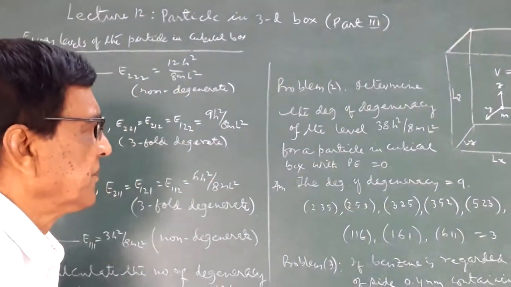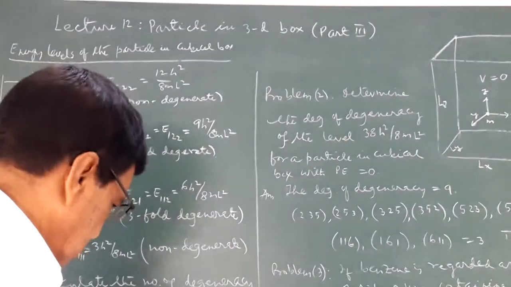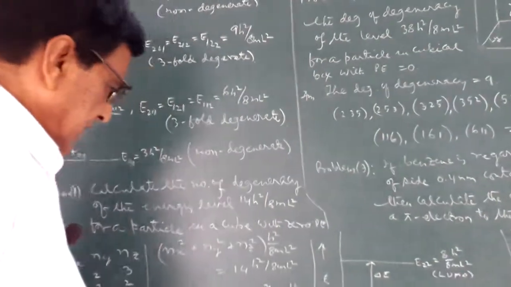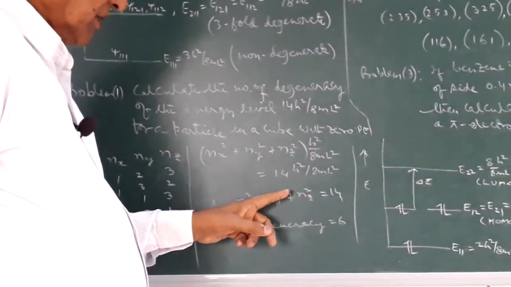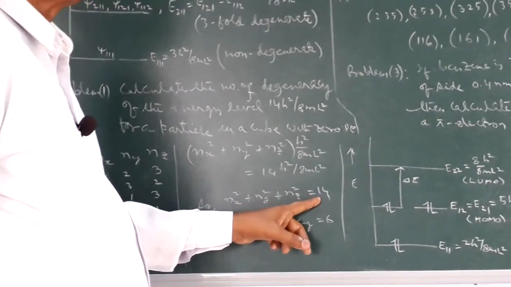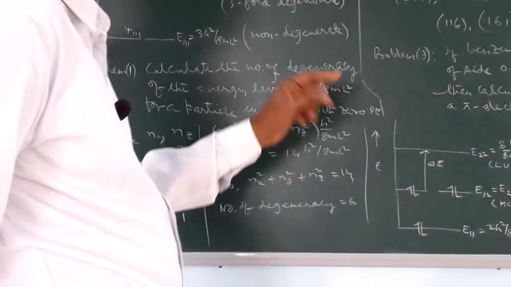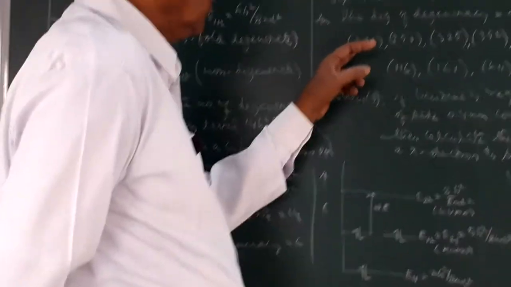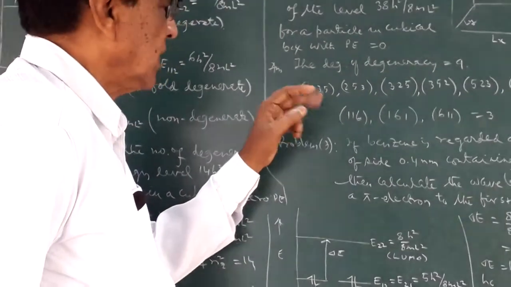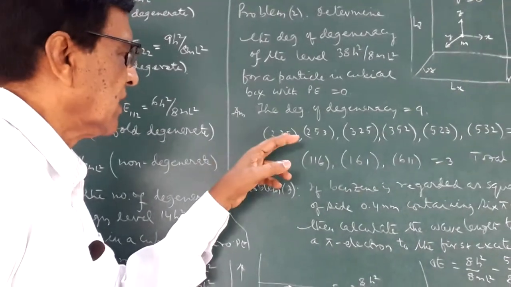We can say this: nx² + ny² + nz² equal to 36, and 36 could be obtained by putting one quantum number 2, another quantum number 3, another quantum number 5.